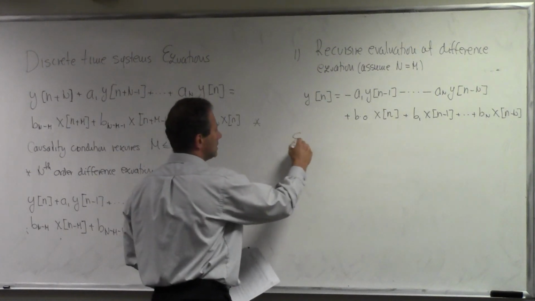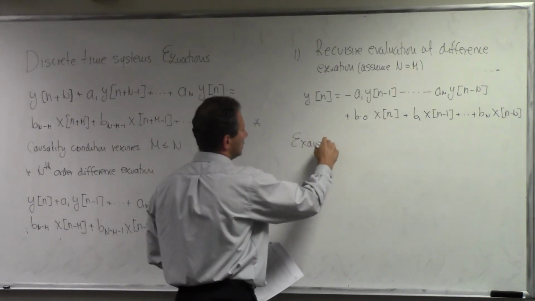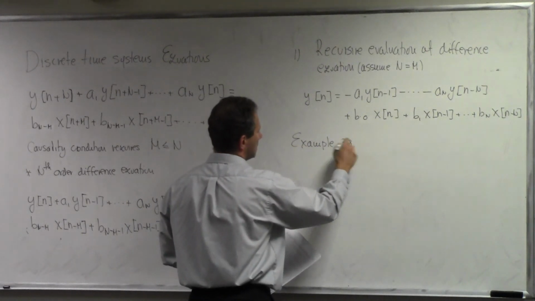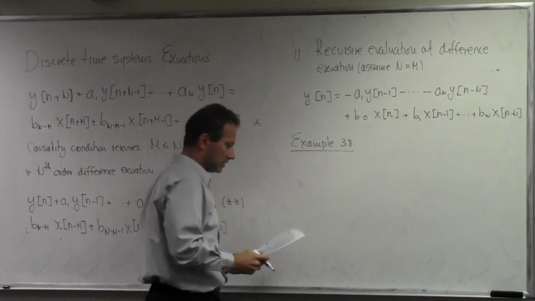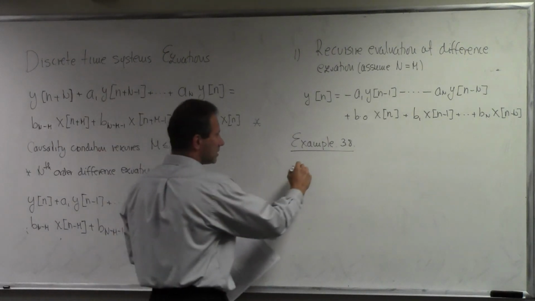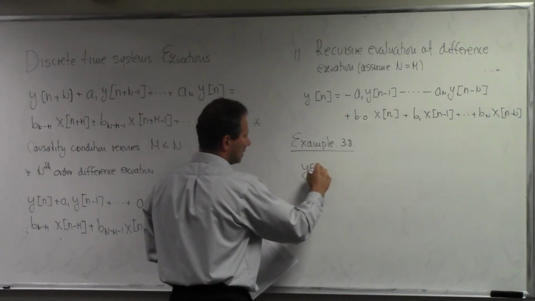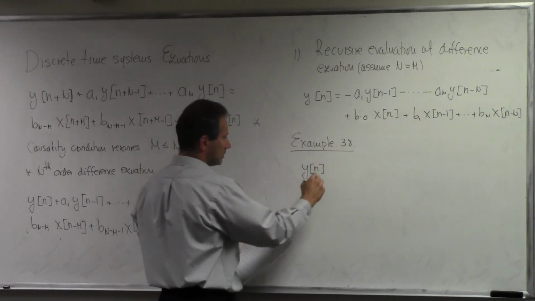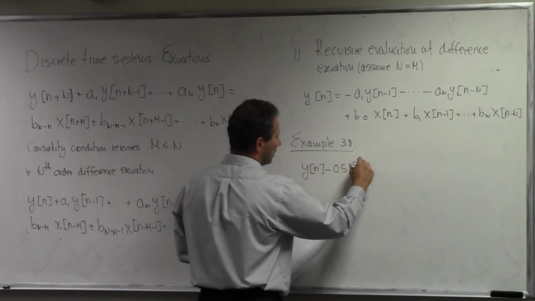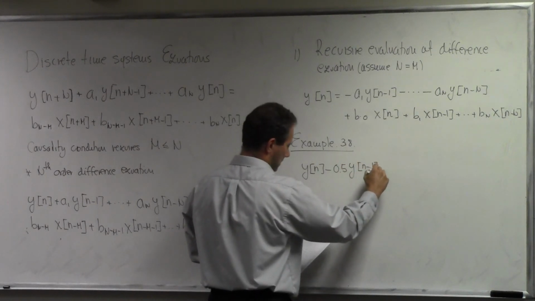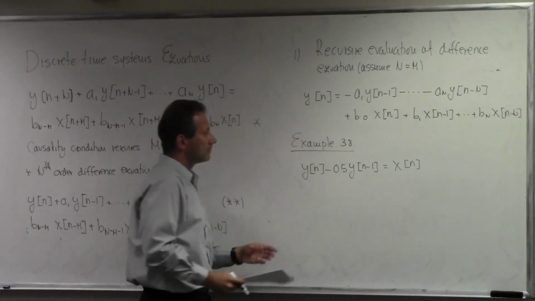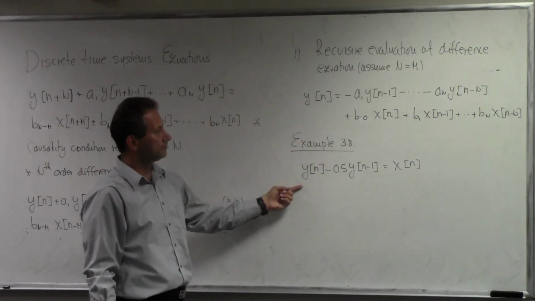Let me work first an example so that you can get an idea what I'm talking about. This is the same as your example 3.8 in the book. It says consider a discrete system which is described with this difference equation: y of n minus 0.5 y of n minus 1 is equal to x of n. What is N in this case?